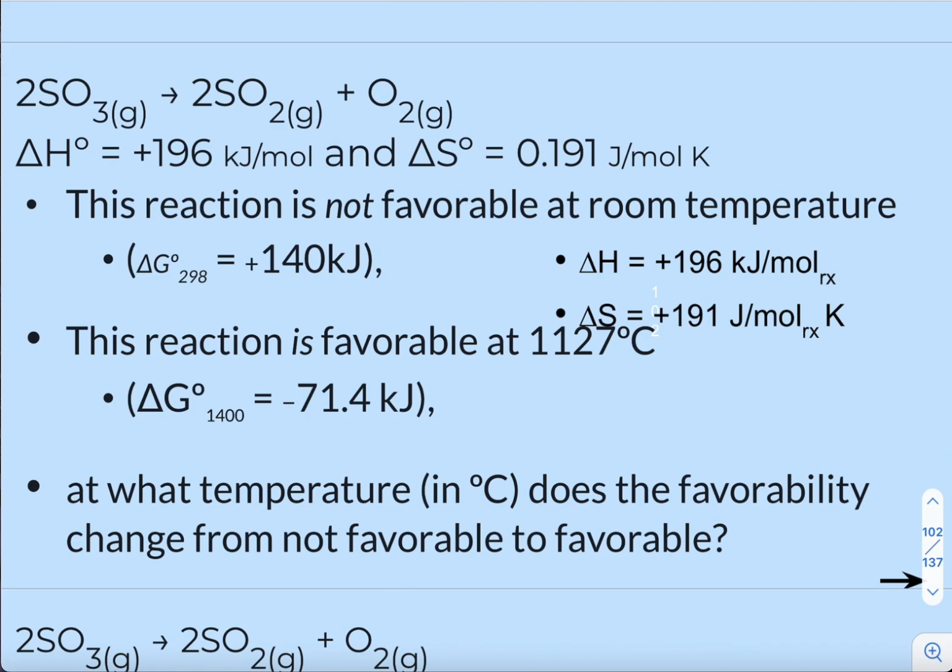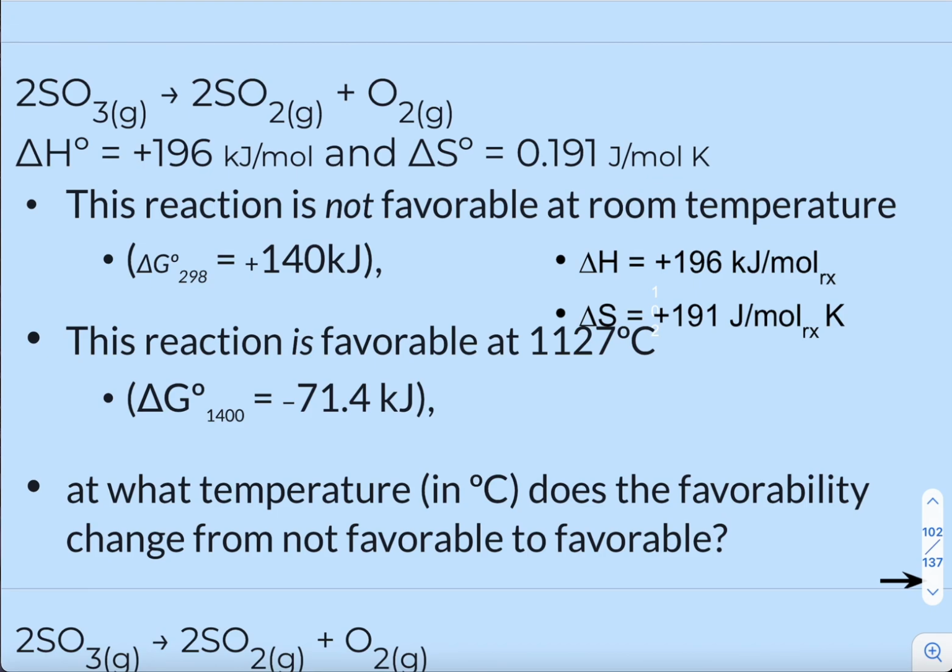Here's just a little bit more about this reaction. It was not favorable at room temperature. It came out to positive 140 kilojoules. It is favorable at 1400 Kelvin. So then there's the question, at what temperature does the favorability change?